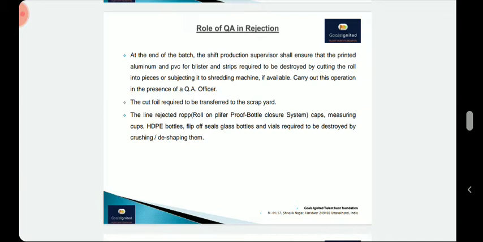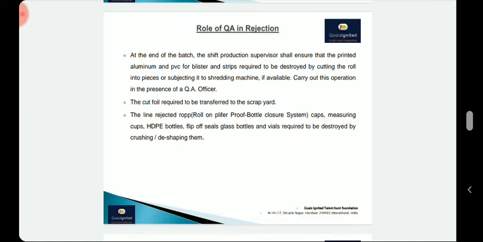No good vials or bottles or anything should be sent to the scrapyard. Before sending to the scrapyard, it is a requirement from quality assurance that the quality assurance officer reviews each and everything being sent as scrap or rejection, verifying that no good packed product is transferred to the scrapyard.